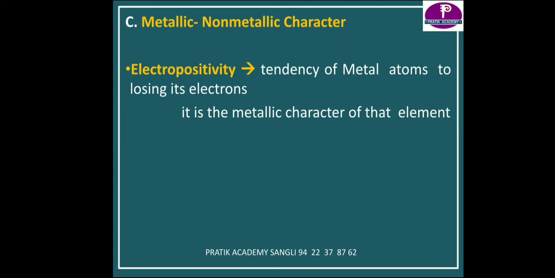If a metal is showing more electropositivity, then this metal is called as having higher metallic character. If an element is showing less electropositivity, then that element has less metallic character.